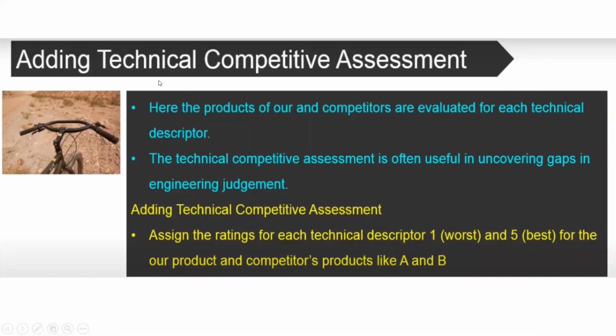Technical competitive assessment: the products of our competitors are evaluated for each technical descriptor. It is useful to uncover gaps and engineering judgment. 1 is the worst, 5 is the best.